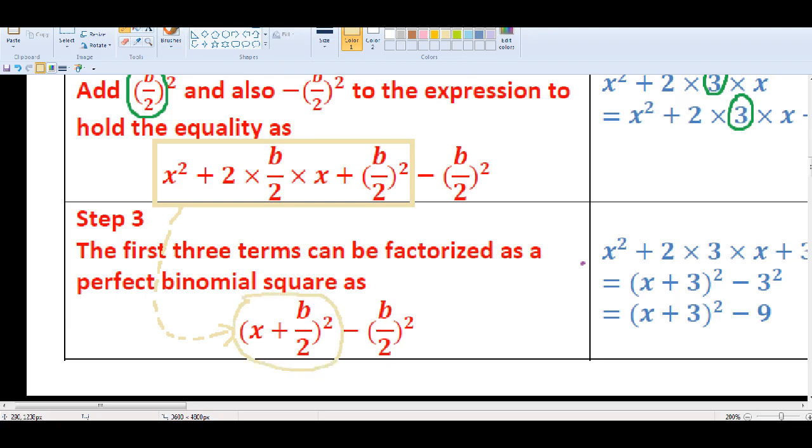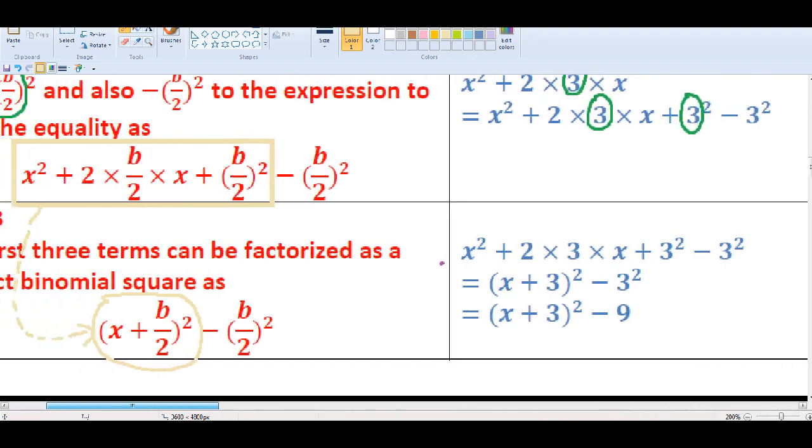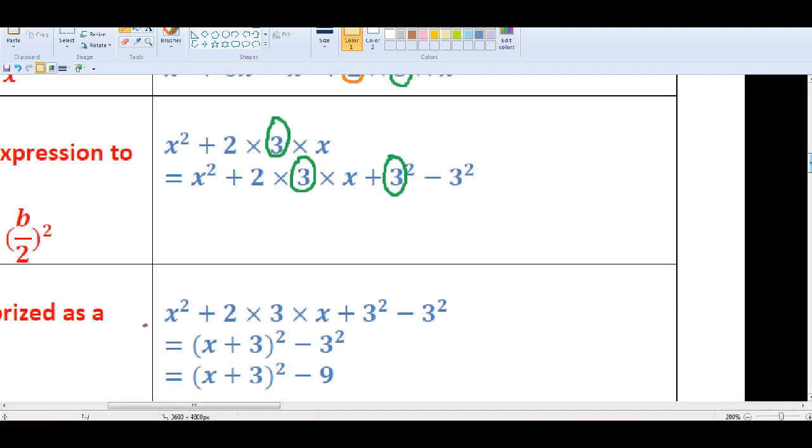So the first 3 terms are factorized as a complete square, and of course the last term should be left outside the bracket, and we keep that term as it is. Right? Okay, so let's see what happens when we go to the example.